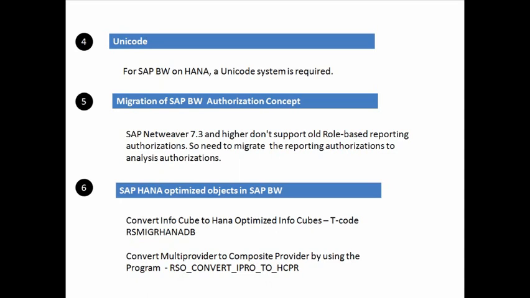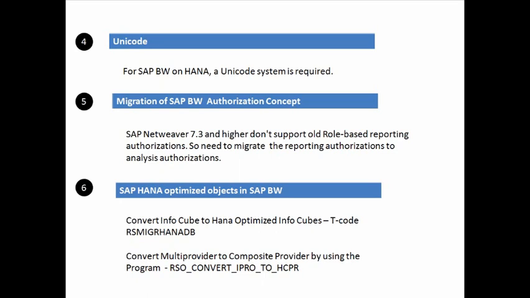One more point is once you migrate to BW on HANA, you can think about migrating existing cubes to HANA optimized cubes. No more optimized DSOs, only optimized cubes. And you can leverage this program to convert an existing MultiProvider or InfoSet to a composite provider.